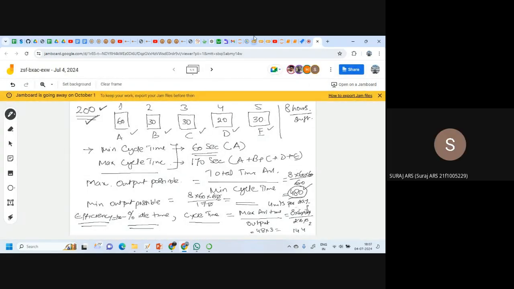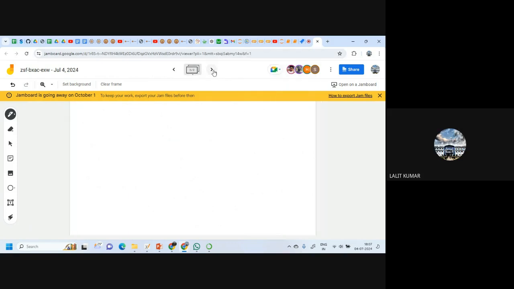Yes, yes, clear. Okay, so now from here we have to find the percentage idle time. We have found that for output 200, the cycle time is 144. Now for this we find the percentage idle time.